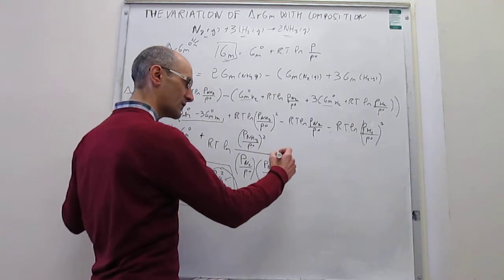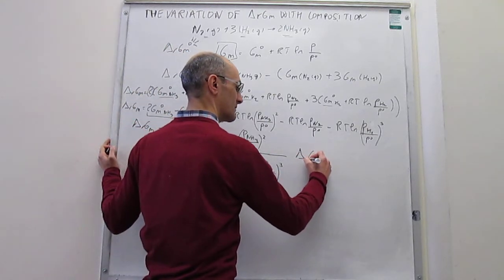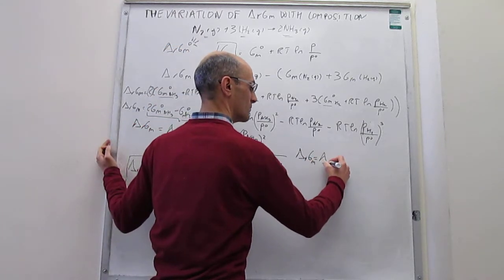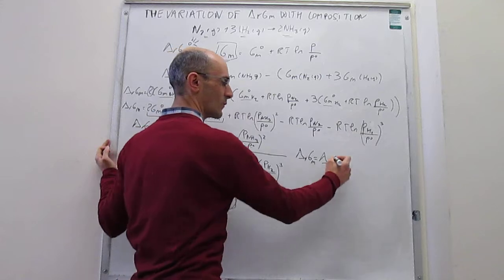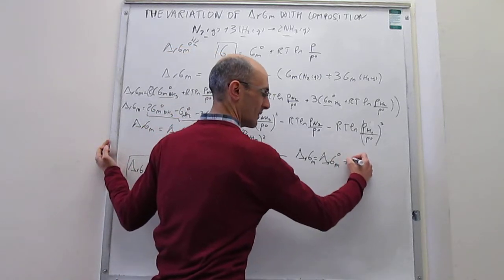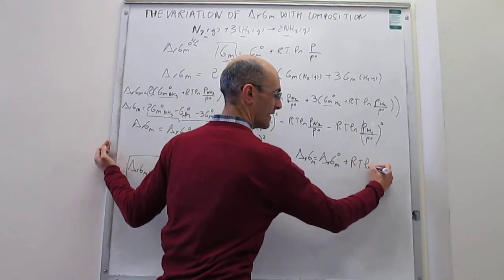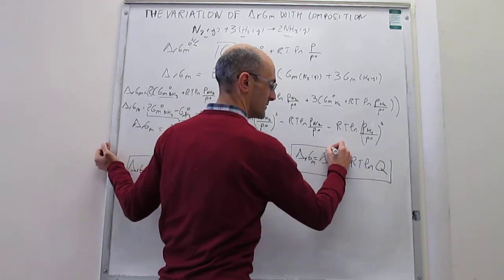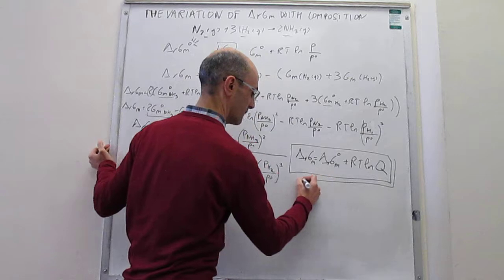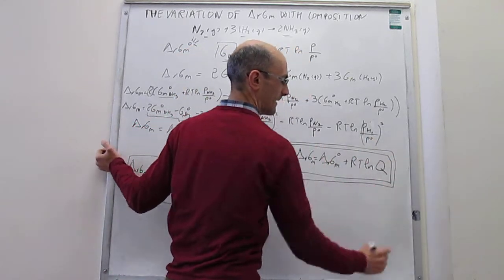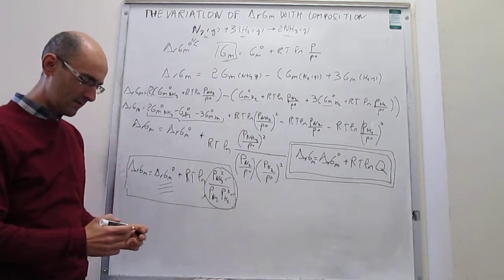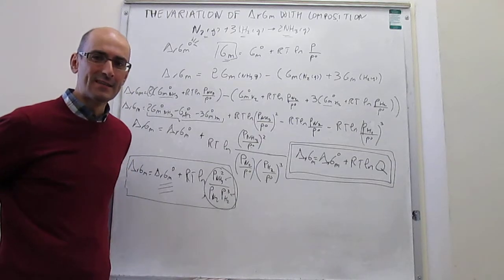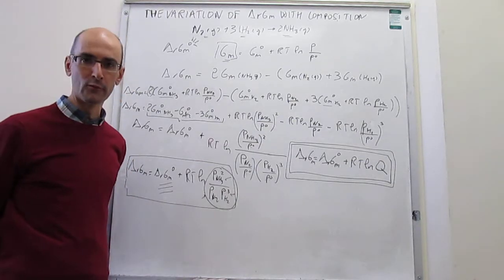So your final expression is going to be delta Rg under any conditions that you want is going to be the molar Gibbs energy of the reaction at the standard state plus a correction, which is simply RT natural log of the reaction quotient. Okay, so again, I'm going to frame this equation because, in my view, if not the most important equation in all of thermodynamics, it is certainly one of the most powerful ones.